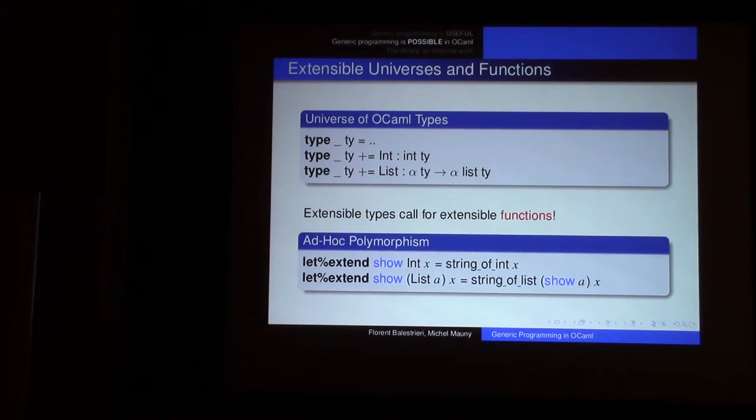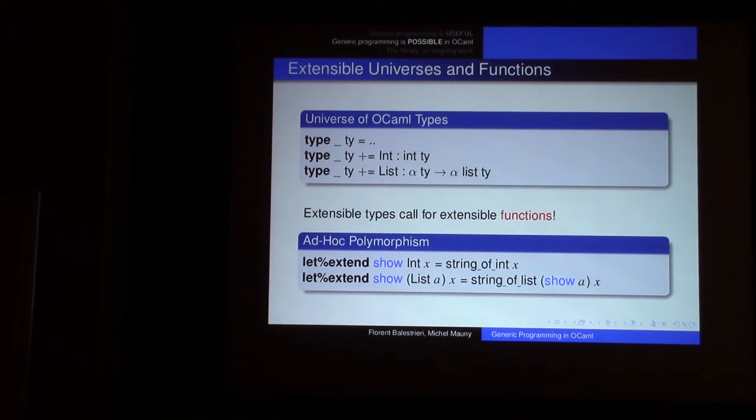Unfortunately, this is not a language feature, and I had to implement this as a library, so it works as a library, and I provide syntax using PPX, or I will provide syntax. It's not yet done. So this is not yet generic programming. What it is, it's ad hoc polymorphism because we can overload a function for different types.